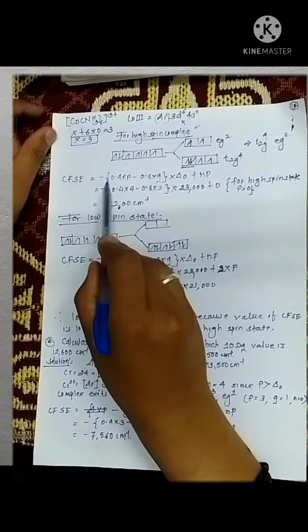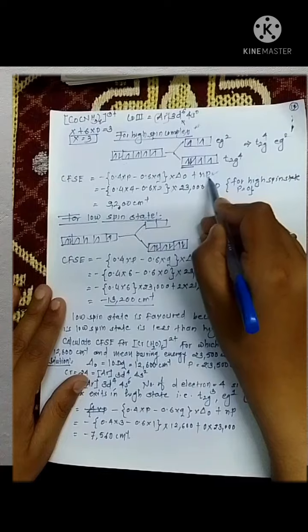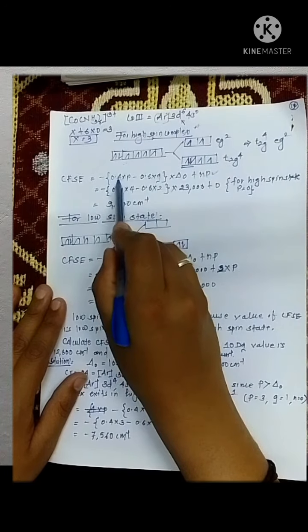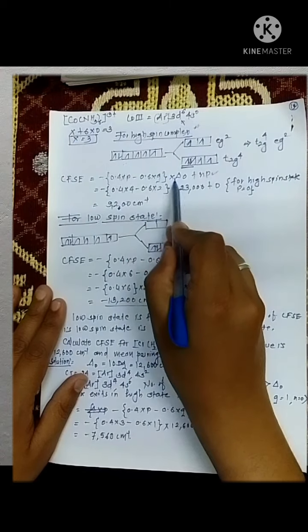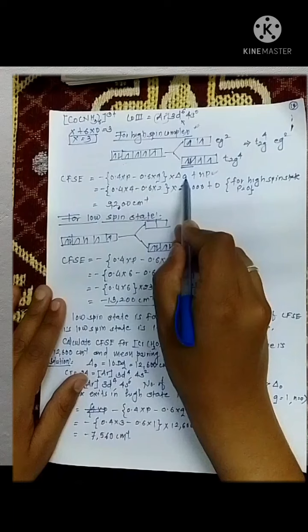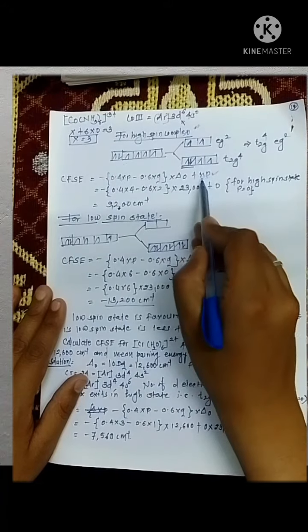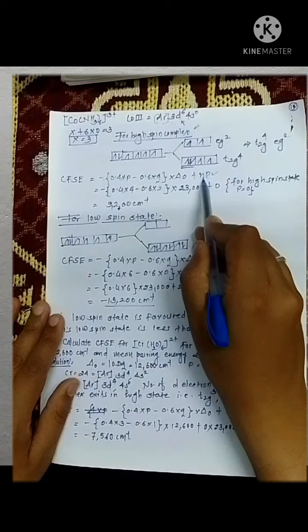Now CFSE is equal to, since the pairing energy is given, we have to consider this here. CFSE is equal to minus into bracket 0.4 multiplied by P minus 0.6 multiplied by Q multiplied by del, that is CFSE of octahedral plus nP, where n is the number of electrons which are paired.